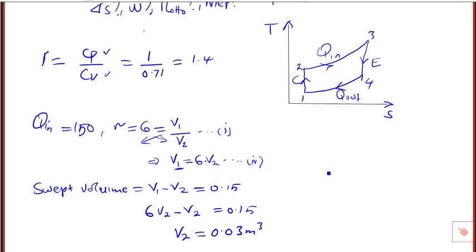On the same note, since we have V2, we can get V1. You can get V1 using either equation 1 or equation 2.